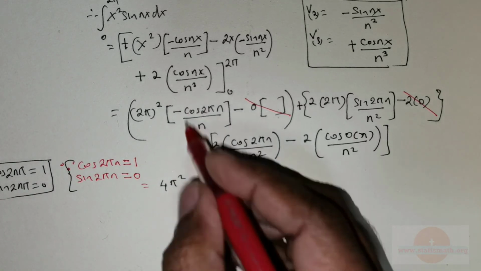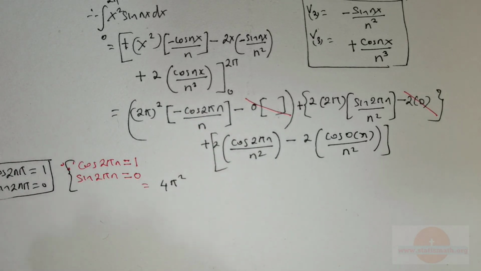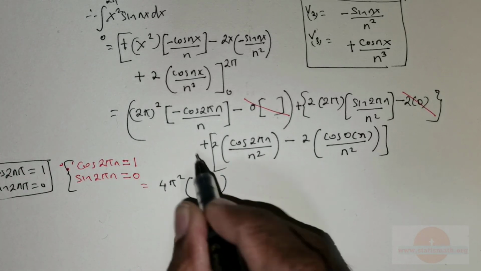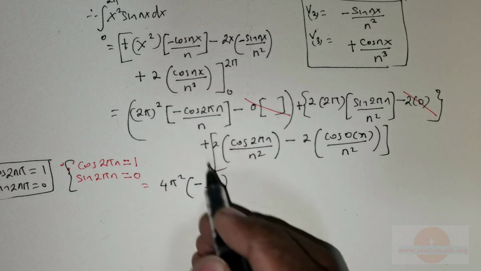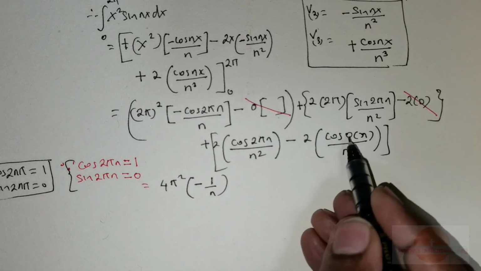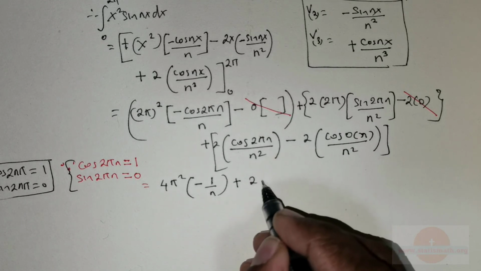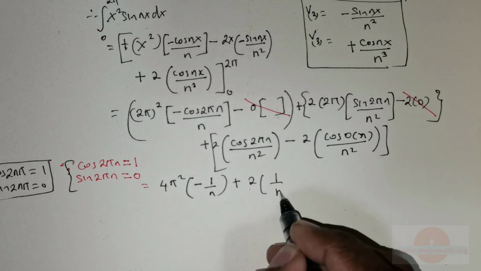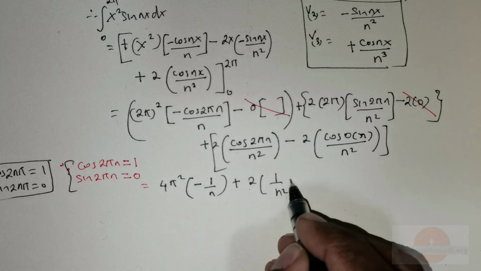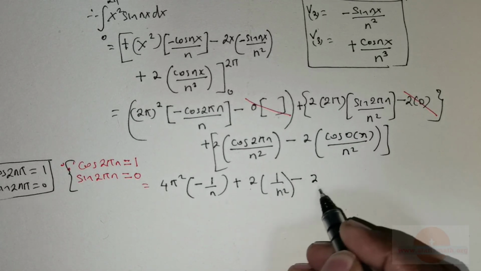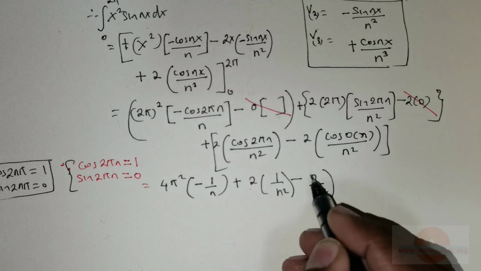Now this is going to be rewritten as negative 1 over n, because this is going to be 1, but we have a negative sign. Followed by a positive sign, 2 times 1 over n squared, and the other is 1, so it's going to be 2 over n squared.